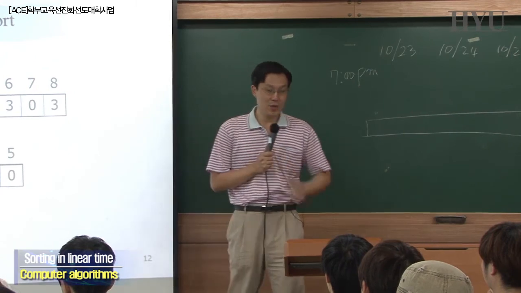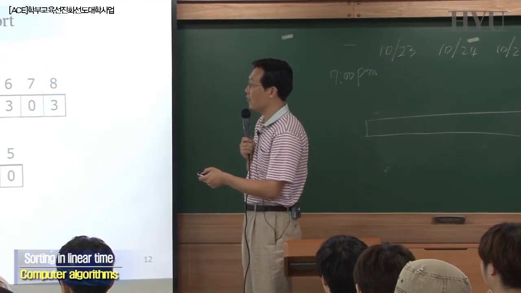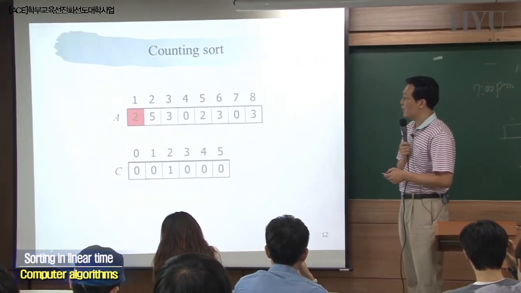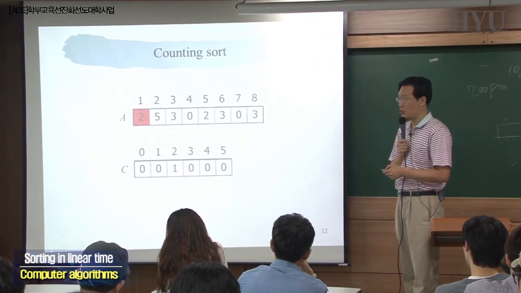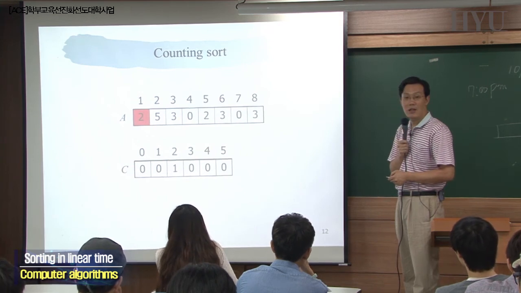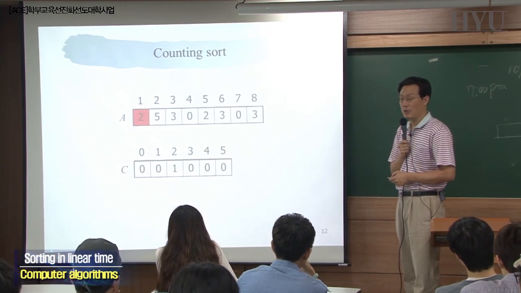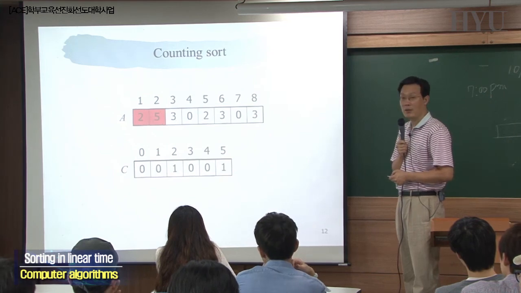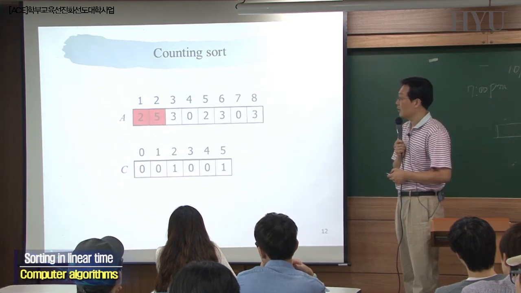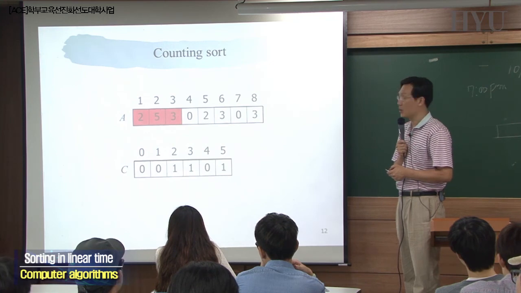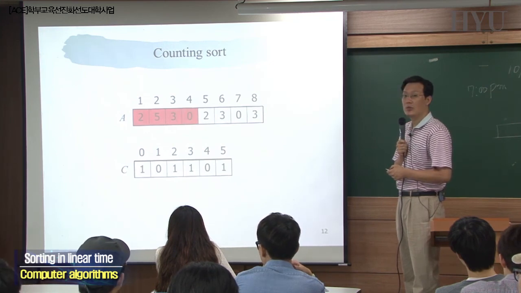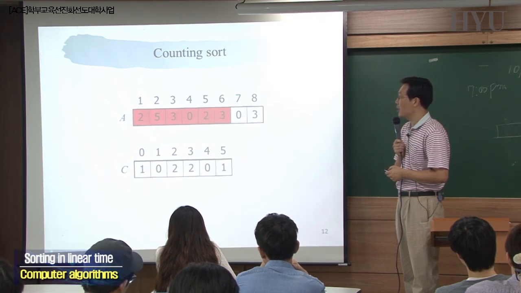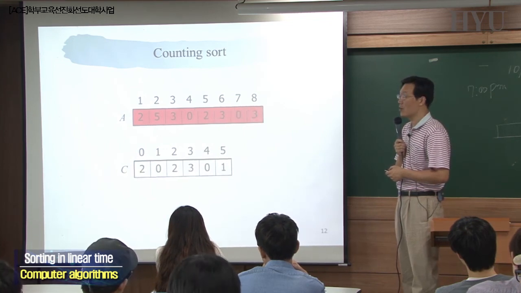And then we scan this array from the left. First, it's 2. So we increment this element. And then it's 5. We increment this. And then 3, 0, 2, 3, 0, 3.